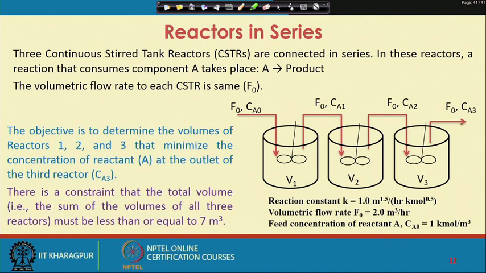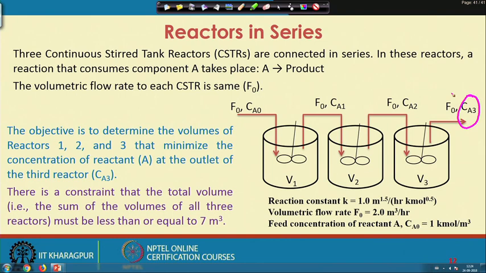The objective is to determine the volumes of reactors 1, 2 and 3 that minimize the concentration of reactant A at the outlet of the third reactor. So, we want to minimize the concentration of A here, that means we want the maximum amount of A to be converted to product B. There is a constraint that the sum of the volumes of all 3 reactors must be less than or equal to 7 meter cube.